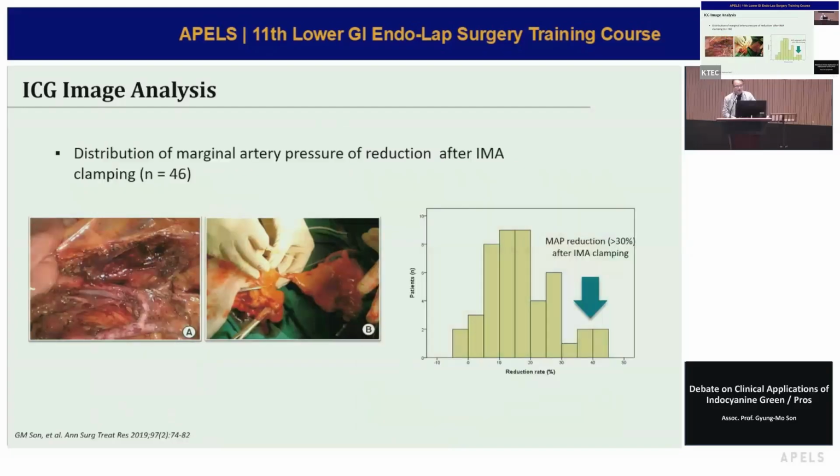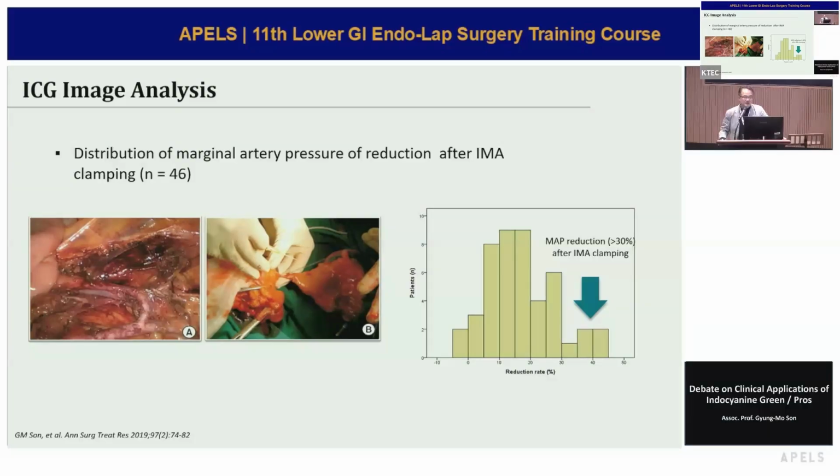So first I wanted to compare the high ligation and low ligation. For the patient's safety, I dissected the vascular structure around the IMA, clamped the IMA root, and measured the marginal artery blood flow and blood pressure.